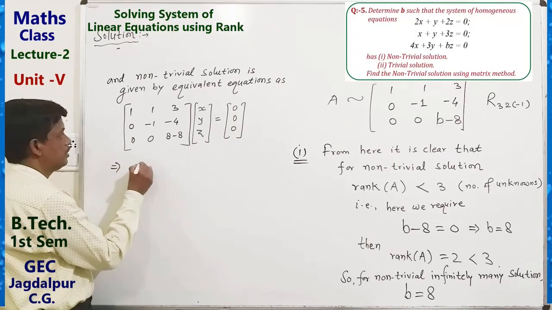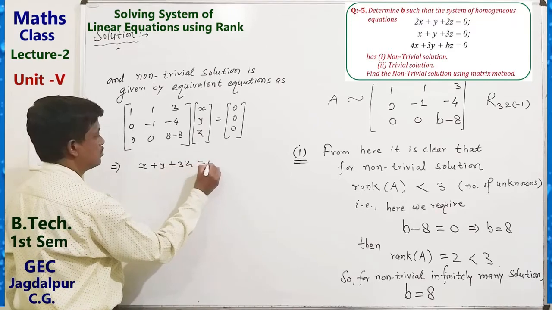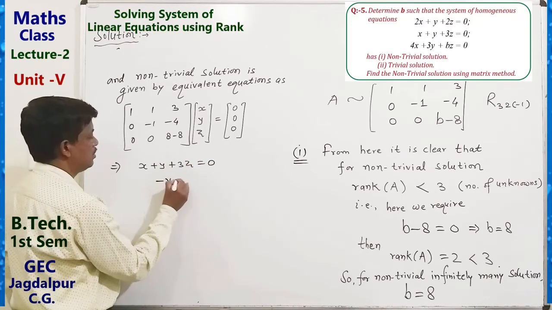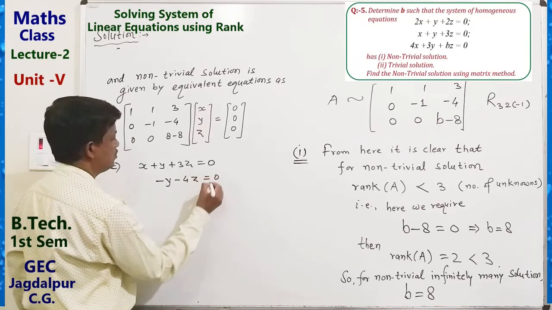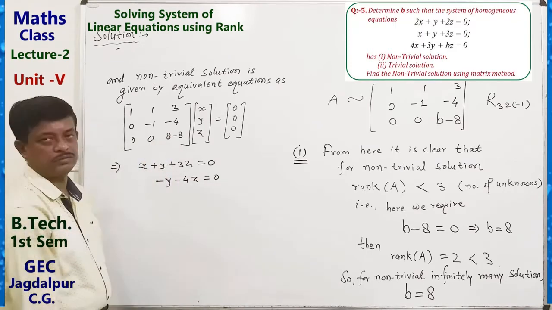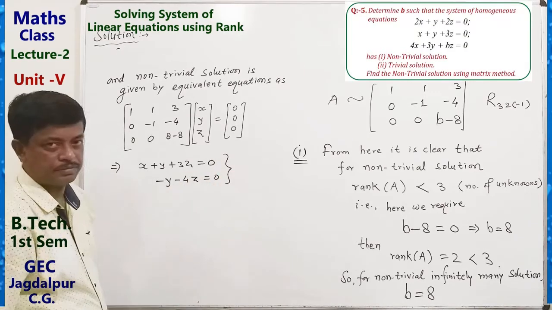So x plus y plus 3z equals to 0 and minus y minus 4z equals to 0, and this is 0, this is 0. So this is the system.